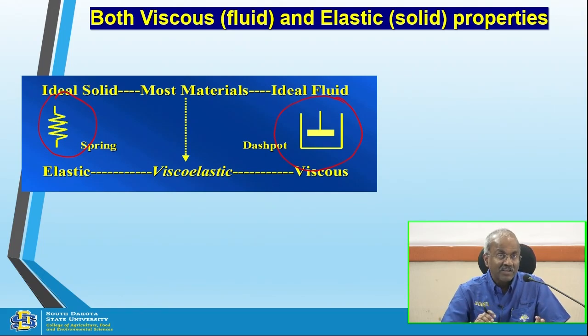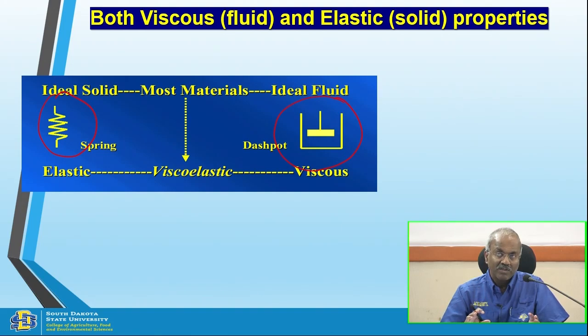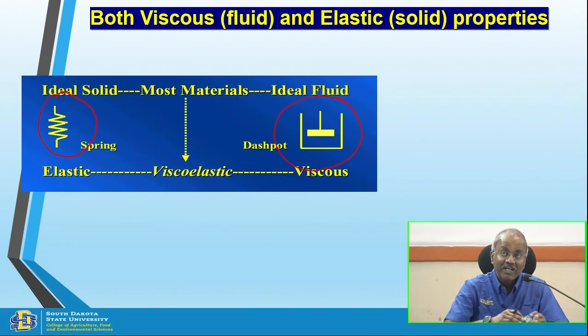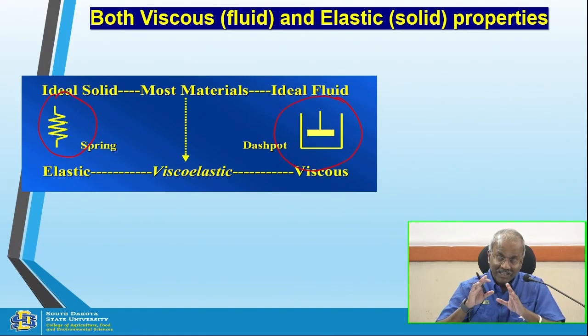Here we are considering that our food material has both an elastic component and a viscous component. It's a consideration only. Actually, we don't know how many springs or how many dashpots there are in a given food material. We do not know. It's all a hypothetical case.